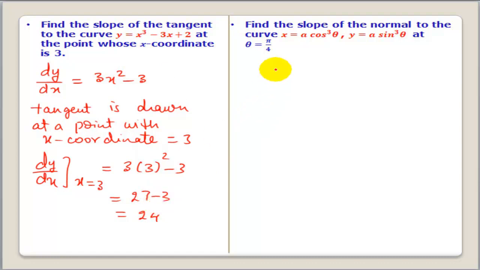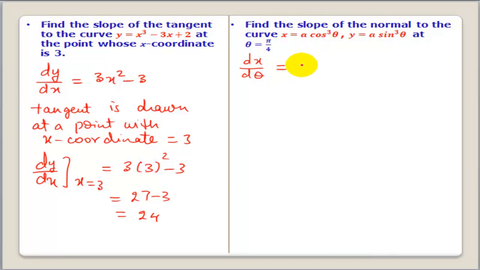Okay. Now checking the next one, it says find the slope of the normal to this curve for theta equal to pi by 4. So first we need to evaluate the slope of the tangent. You can see both x and y are in parametric form, in terms of the variable theta. So first evaluating dx over d theta, we are differentiating x with respect to theta.